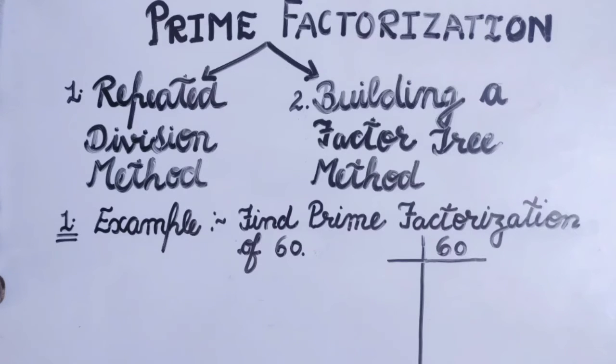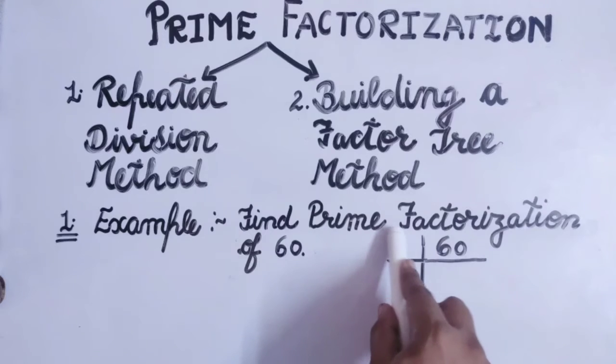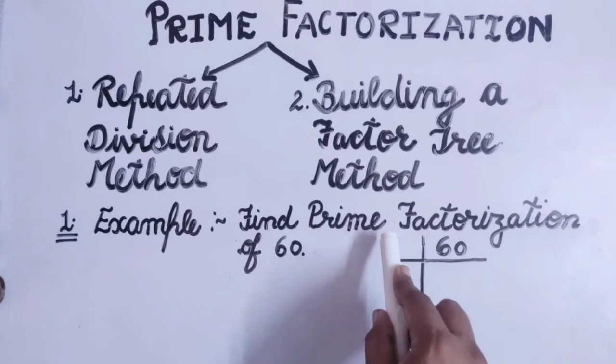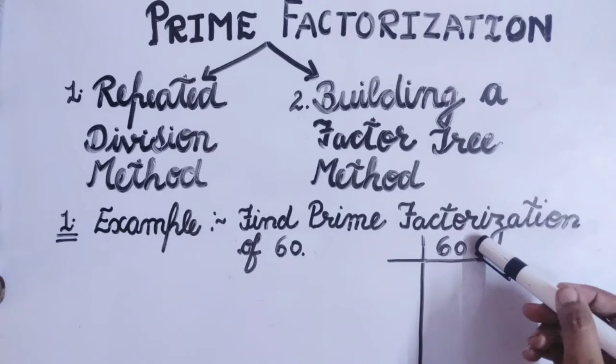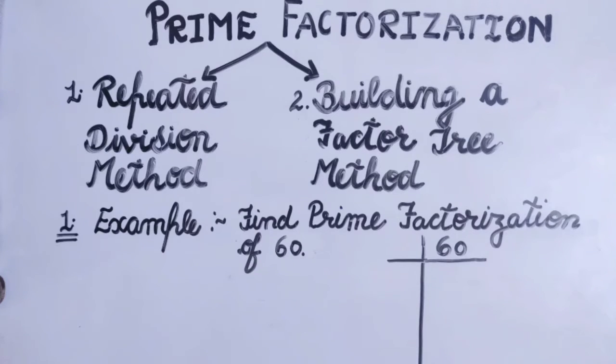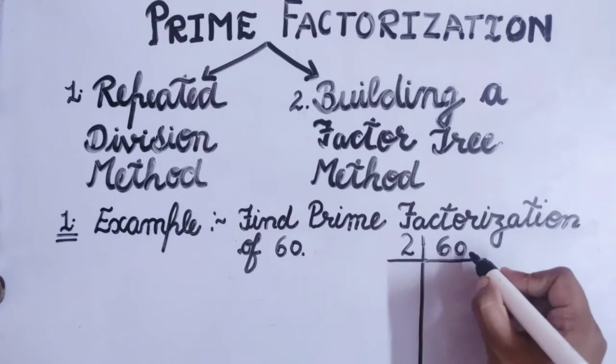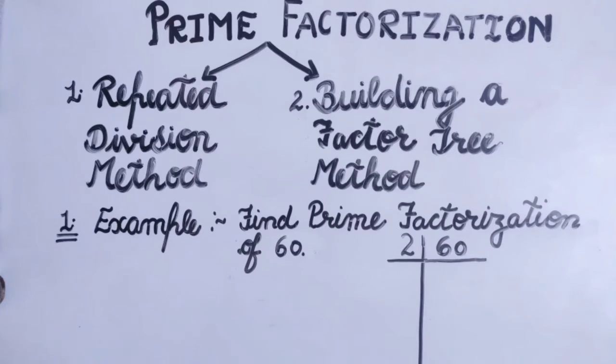The first step is, as we are finding the factors which are prime, because prime factorization means representing a number as a product of the prime factors, we will divide the given number by the first prime number and check whether it can be divided or not. Our first prime number is 2.